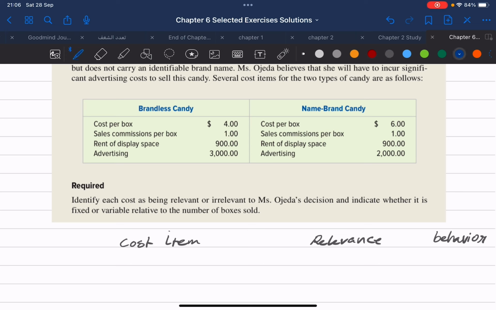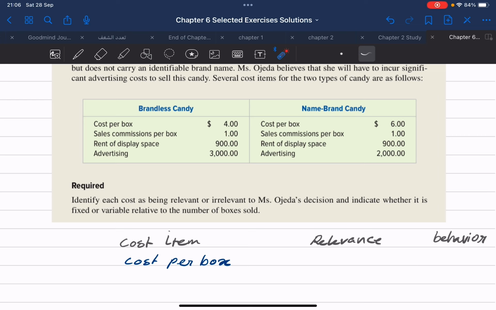Starting with the first cost item, the cost per box. Now the cost per box here is $4 for the brandless candy, and $6 for the name brand candy.